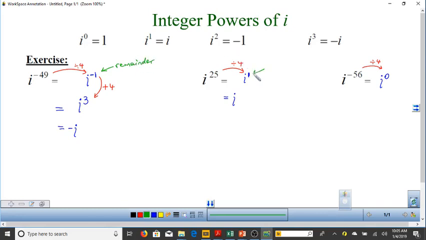In the second example, the remainder was +1. And in the third example, the remainder after we divide the exponent by 4 is 0. And i raised to the power 0 is 1. Be careful that you only focus on the remainder.